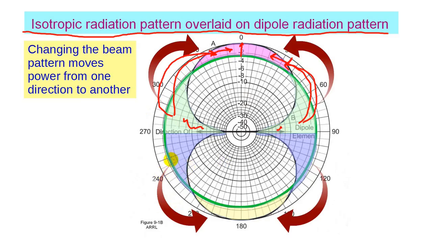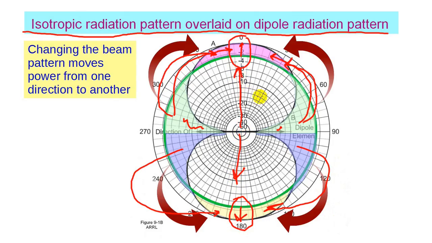We can do the same for the power from the blue areas going to create the yellow power. So we say that either to the north or the south, a dipole provides 2.15 dB gain over an isotropic radiator. But that is only true in the north-south direction. In any other direction, the dipole gain is less.